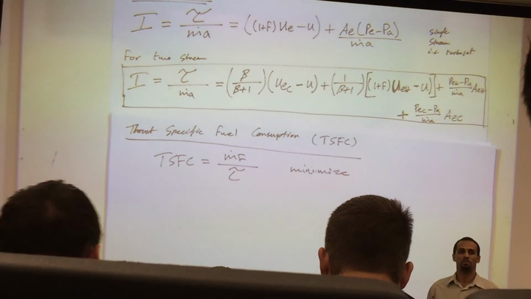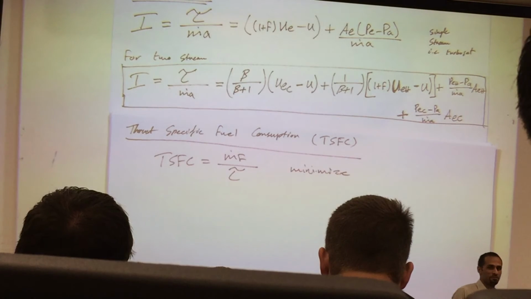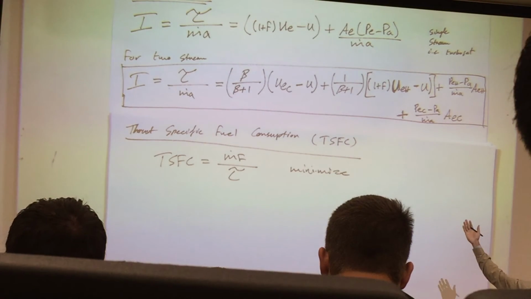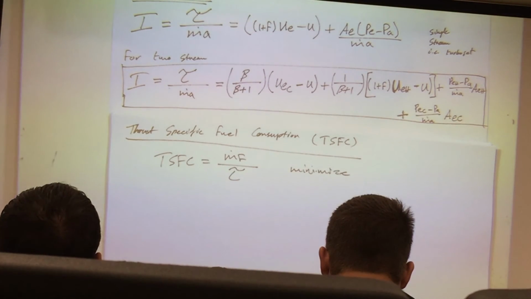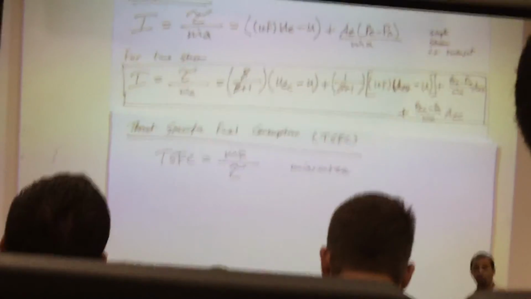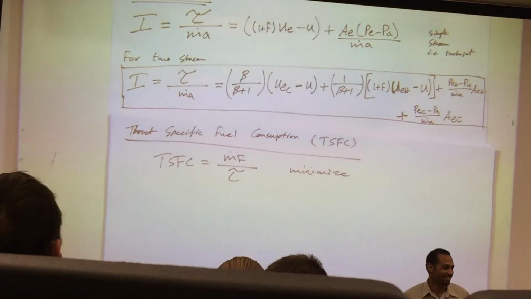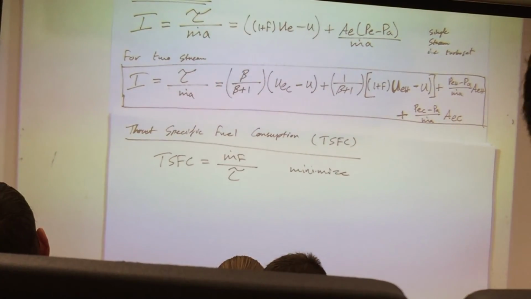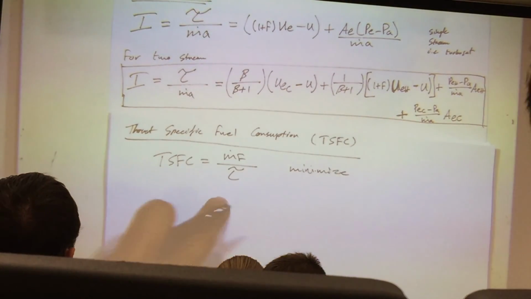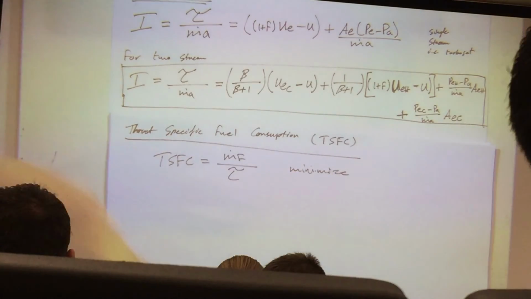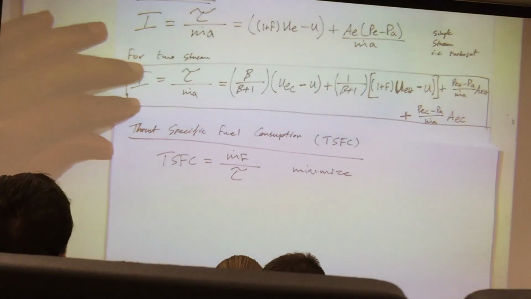That's what TSFC represents. If it's going up, that's bad, so you want to minimize it. You want a 100 miles per gallon car with 1,000 horsepower. So that's what TSFC really represents, that ratio, with the analogy I just used.